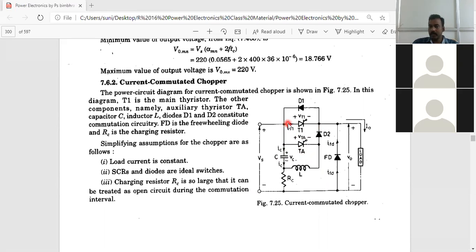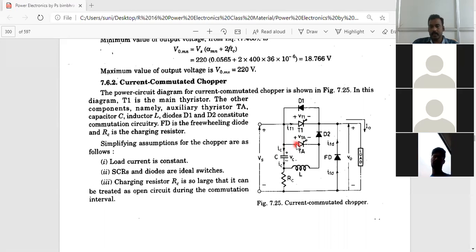Immediately the current is rushed into the conducting device, in the direction reverse to this IT1. The current is rushed down through the device and the main conducting device is turned off.